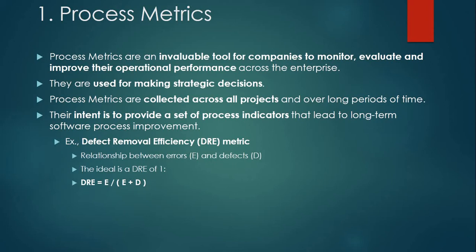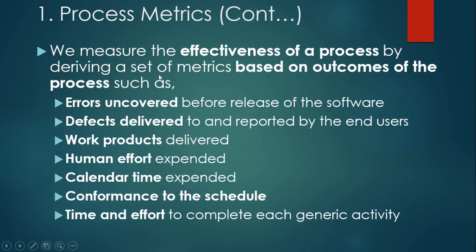If a fault is found by a customer after delivering the product, it is known as a defect. So if there is no defect, the DRE will be 1. This is an example of a process metric, defect removal efficiency.